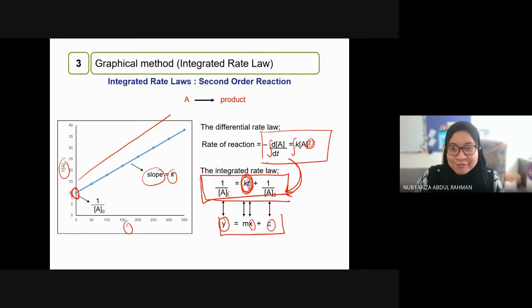Maksudnya masa penyusunan tu dah tak ada negatif. Kena lalu proses tu dulu, baru you akan find out, the negative is not there. You try to put the [A]t dekat sini, [A]0 dekat sini, and then you rearrange, you akan dapat negative is not there. So dia dapat positive slope lah dekat situ.